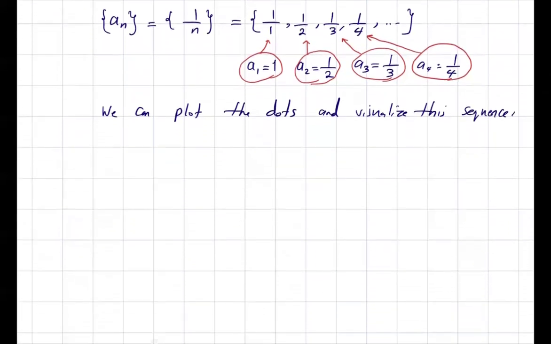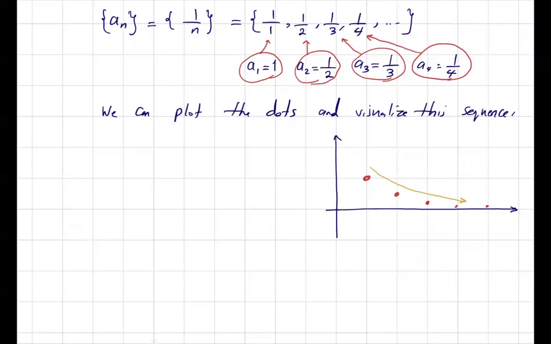So here we go. For example, for this sequence, a sub 1 is equal to 1, a sub 2 is a half, then you have a third, a fourth, a fifth. So as you can see, the behavior of this sequence is decreasing.